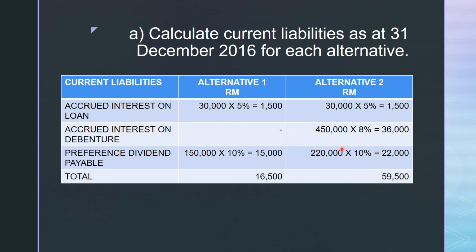For the second alternative, the total amount of preference shares is 220,000 times the dividend rate at 10%, equal to 22,000. Total current liability for the first alternative, you add 1,500 with 15,000, equal to 16,500. For the second alternative, you add up 1,500 with 36,000 and then plus 22,000, equal to 59,500.